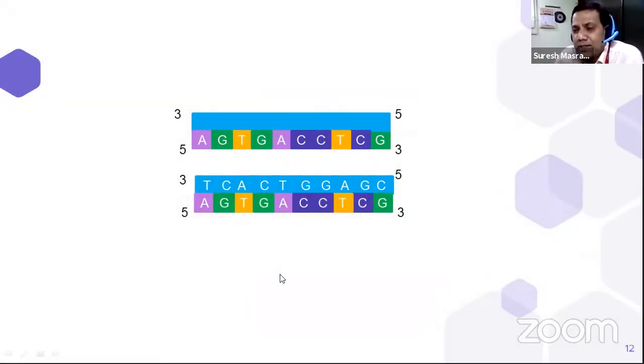We go for the second, third, fourth, fifth, from B to I fragments, and then again by attaching the sequences of these different fragments, we could know the sequence of the longer DNA. And this method of DNA sequencing is also called what? Dideoxy method of sequencing, as well as chain termination method of DNA sequencing.